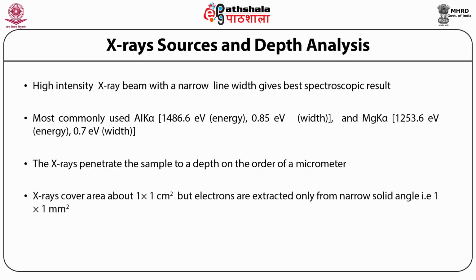X-rays cover an area of about 1 by 1 square centimeter, but electrons are extracted only from a narrow solid angle, that is 1 by 1 millimeter square. Useful electron signal is obtained only from a depth of around 1 to 10 nanometers of the surface.